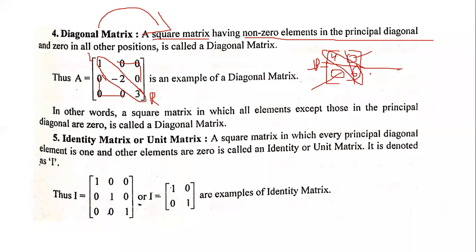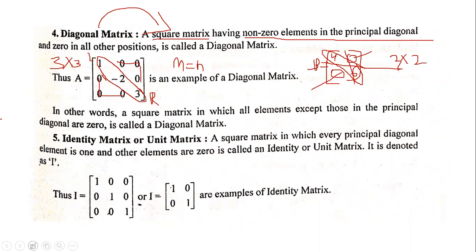Once again, I'm repeating it. A diagonal matrix is a square matrix wherein the number of rows is equal to the number of columns. If you see this, it is a 3 by 3 matrix and this is a 2 by 2 matrix. Correct? So the principal diagonal elements should be non-zero and the other numbers should be 0.